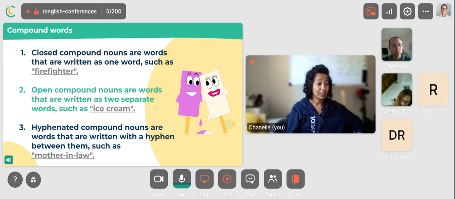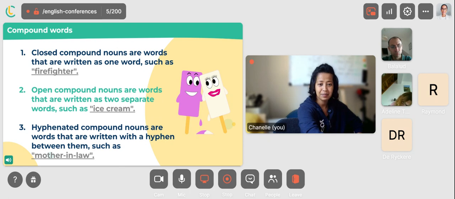Hyphenated compound nouns are words that are written with a hyphen between them, such as mother-in-law, belle-mère. And why do we say mother-in-law? Parce que law, c'est la loi et c'est votre mère de loi. It's your mother from the law. So your mother-in-law, votre belle-mère.